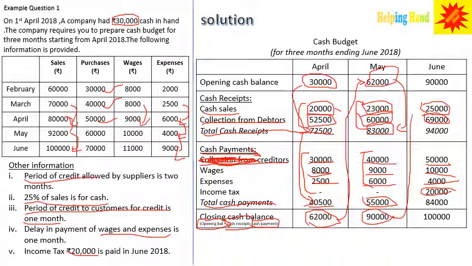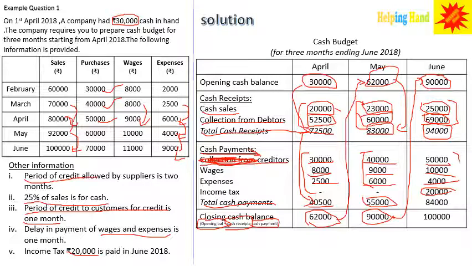Okay, so we take this 90 as our opening balance for the month of June. So 90,000 opening balance for the month of June. To this, next step, we need to add both the receipts, that is 25,000 plus 69,000. We get 94,000. So 90,000 plus 94,000 shall give you 1,84,000.